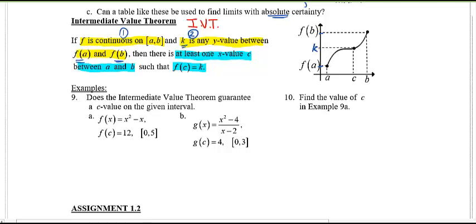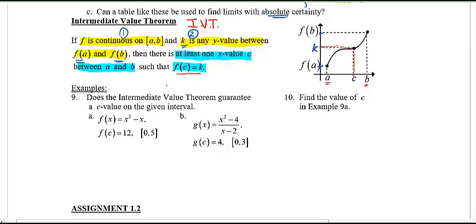If I choose a k value that's between the lowest and highest y values, then I know there's a c value, which is an x value, that corresponds to the chosen y value, which is k, and that c must also be between the x values of A and B. Okay? So statements 1 and 2 lead to the conclusion right here.